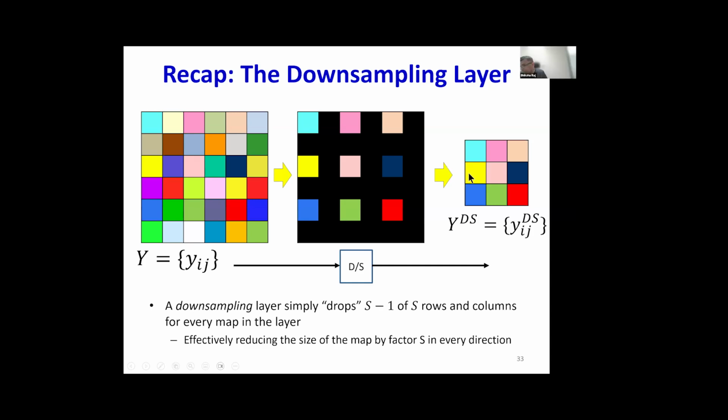And only the remaining entries are copied over when we are downsampling. This makes sense? As the downsampling operation, guys? Right. Okay. So, do any of these blacked out elements influence the output?